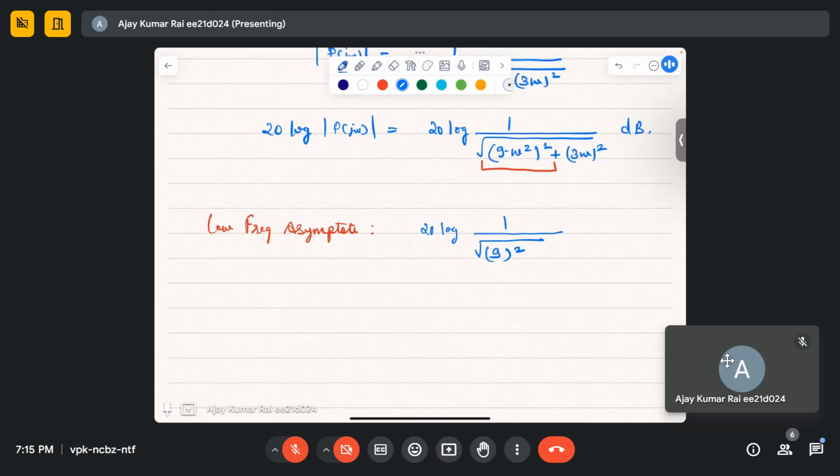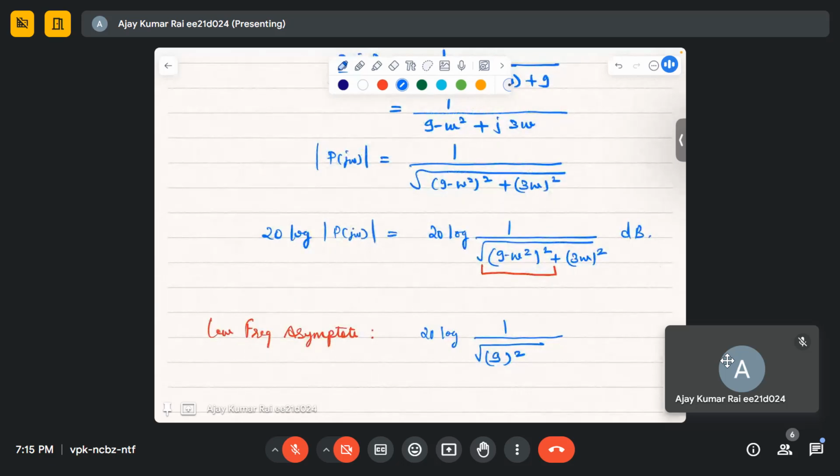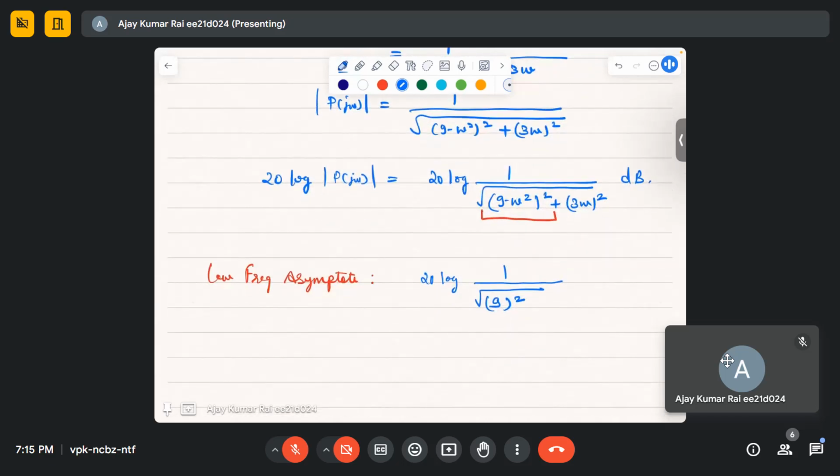Any doubt up to now? We're just comparing individual terms. Initially, what I had done was compare omega square with 9. It's our assumption that omega is very small and omega square is a further smaller value, so if you compare it with 9, you get 9 minus a very small value.